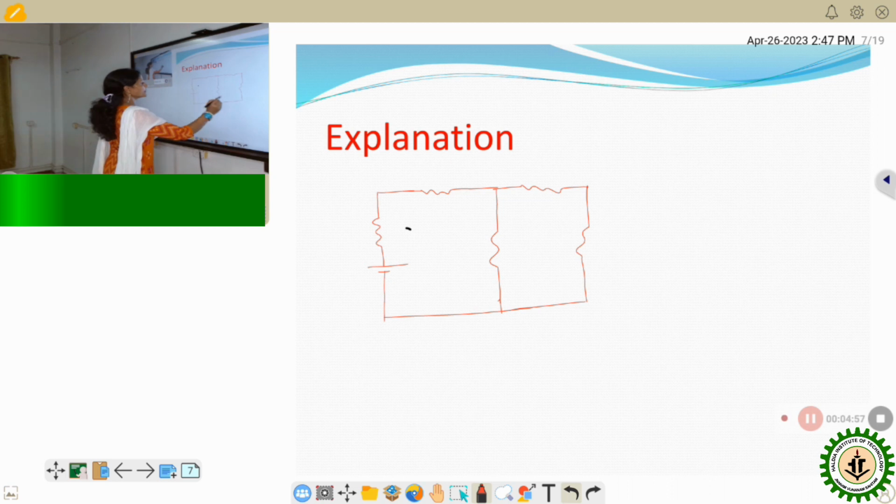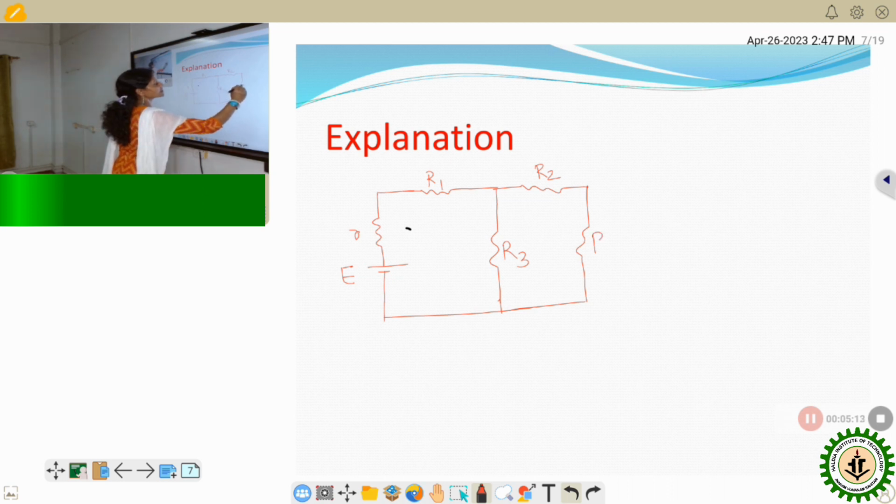It is E, it is R1, R2, it is R3, and this resistance is RL.